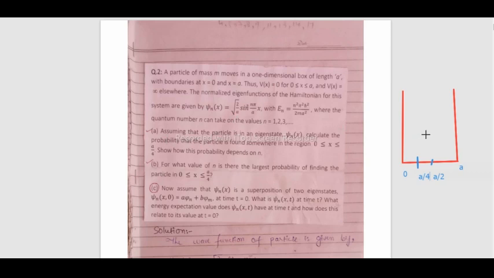So basically, let's suppose this is the infinite square well in which the potential for the particle to exist inside the infinite square well is 0, and outside the box the potential will be infinity, V equals infinite, right?